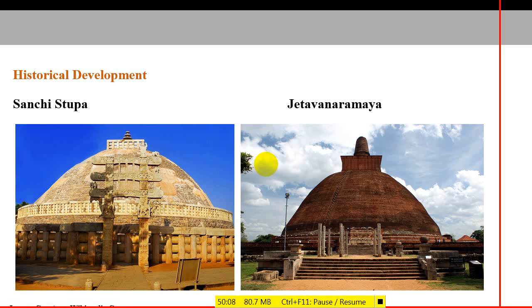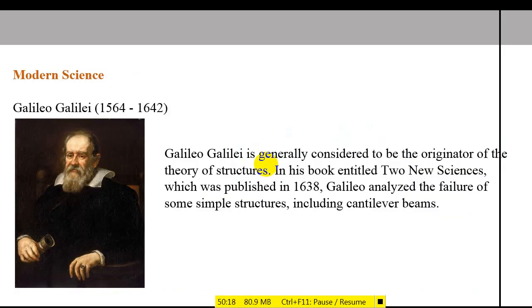Then there was a scientific evolution. The first time in history someone tried to interpret the science of building was Galileo Galilei. Galileo is generally considered the originator of the theory of structures.